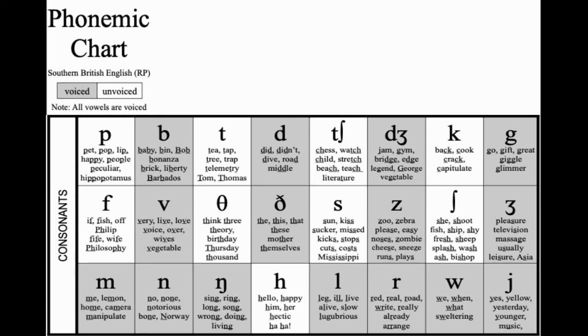S is a voiceless, fortis, alveolar, fricative consonant, like in sun, kiss, sucker, mist, kicks, stops, cats, costs, Mississippi. Z is a voiced, lenis, alveolar, fricative consonant, like in zoo, zebra, please, easy, noses, zombie, cheese, sneeze, runs, plays.